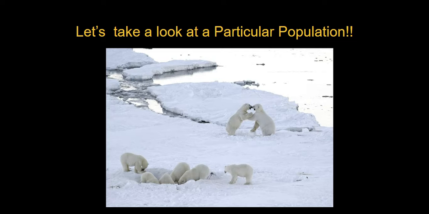Okay, let's take a look at a particular population. One of my favorites, it's polar bears. So, polar bears normally live in what type of environment? Cold. Extreme cold. Notice that it's snow on the ground.